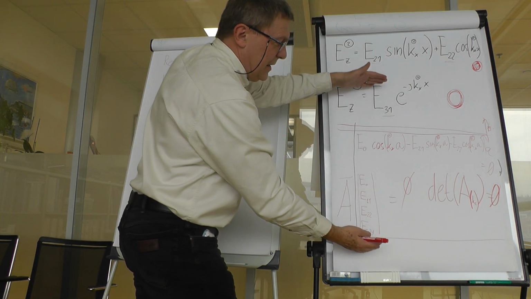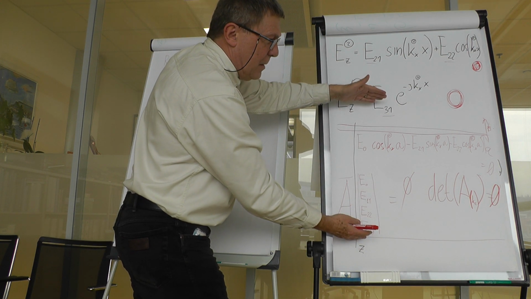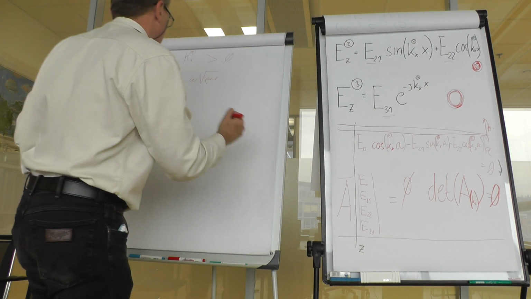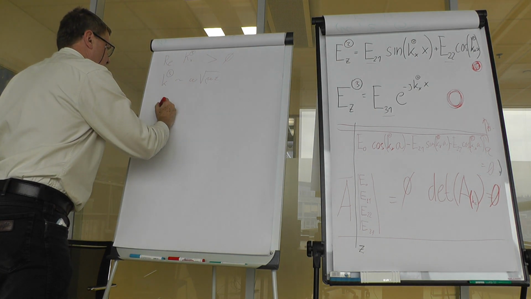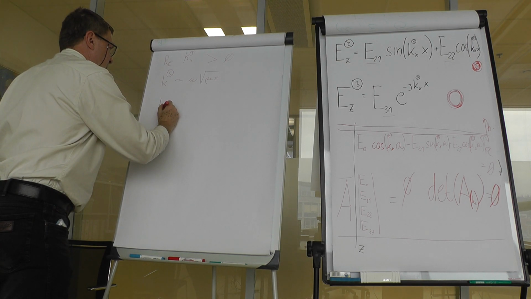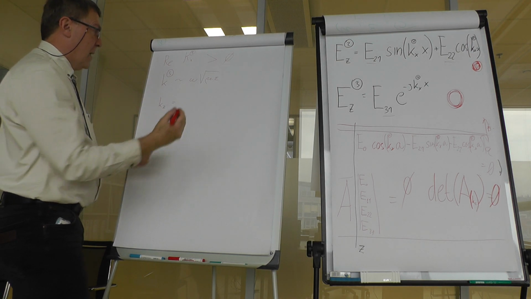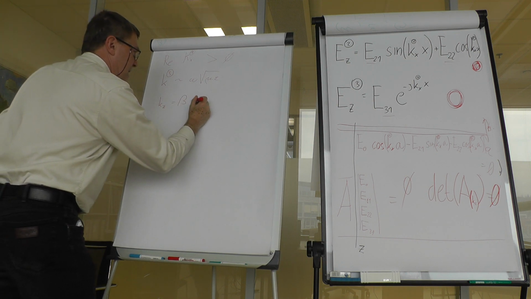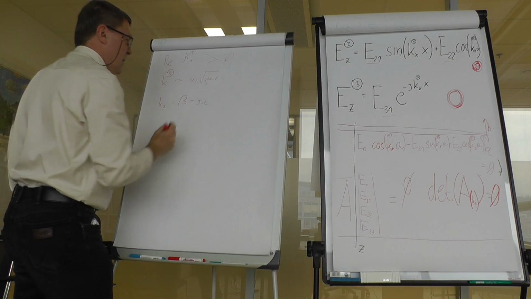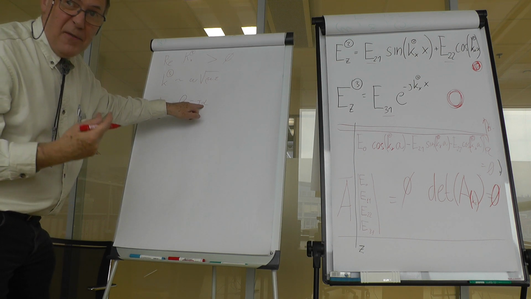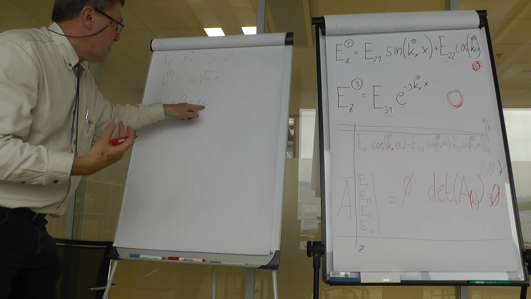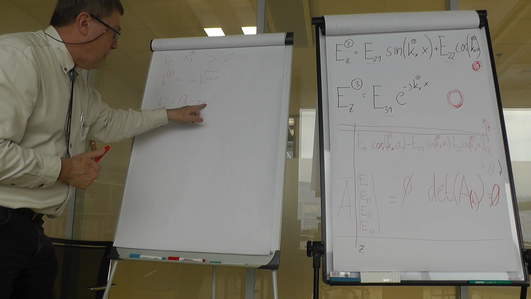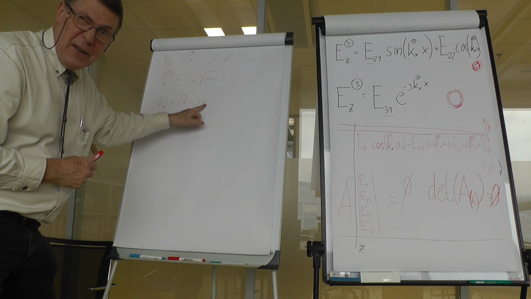Now let us have, somewhere in the system, some losses. So Kz would have a real part, let's call it beta, minus j alpha. This is the damping. If the structure is lossy, the alpha must be a positive real number.